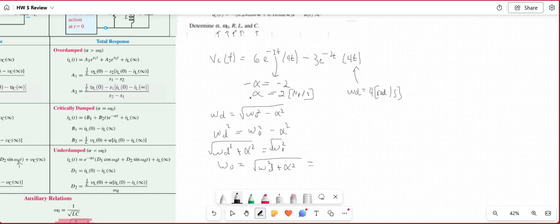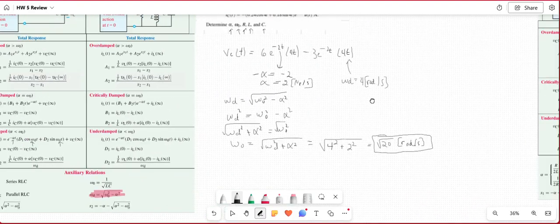Now we can plug in WD and alpha. So we have the square root of 4 squared plus 2 squared, which gets us the square root of 20. That's our second part, our W naught. So now we've done alpha and W naught, and we just need to find RL and C.